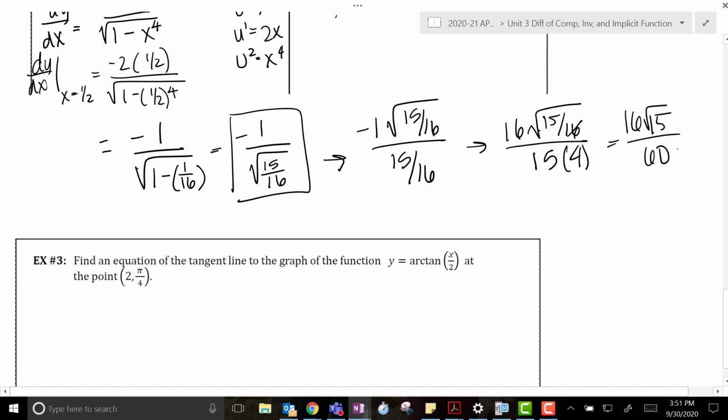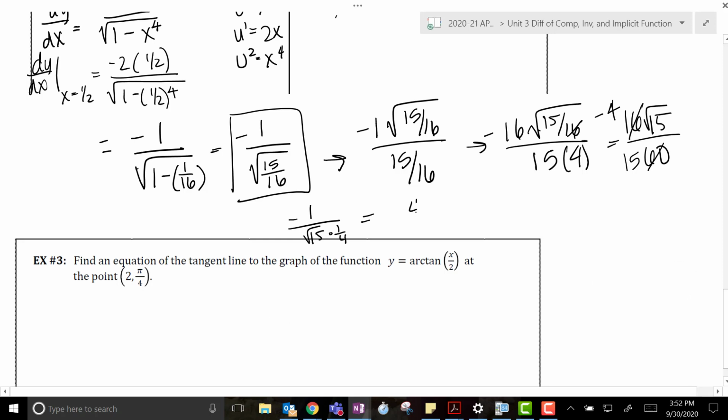So know that these are all equivalent answers. If I come back to my top expression, I could have negative 1 over the square root of 15 over 4, or times 1/4. Just keep in mind what all this works out to be.